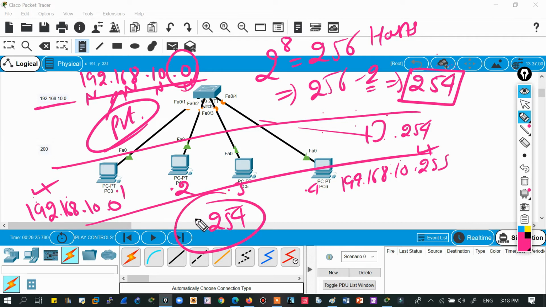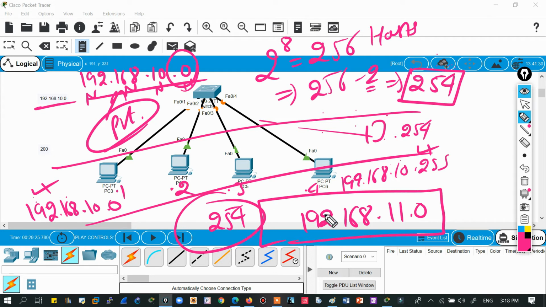But this is the case of a single network. If I take a different network, 192.168.11.0, yes, this network again will have its own 254 valid hosts. 12.0, again 254 valid hosts. So IP addresses are more, but they are divided into multiple networks.